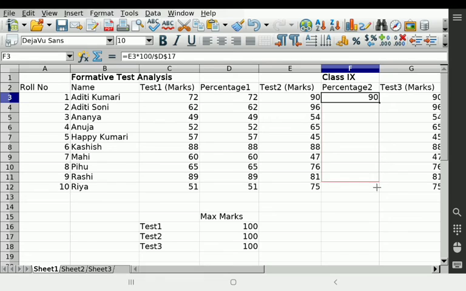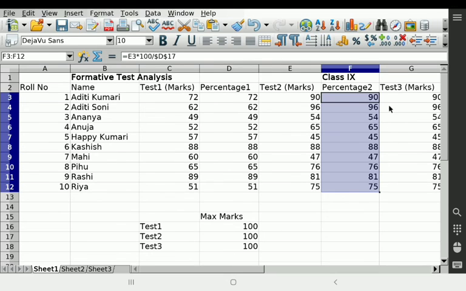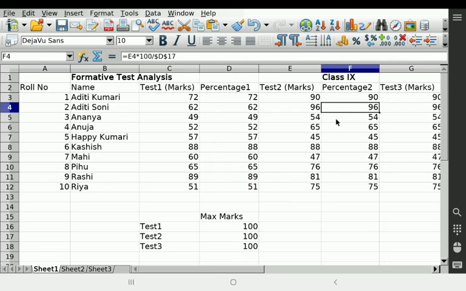Copy this formula for all the students. You can see here 96%, 54, like this, because it is out of 100. Observe its cell references. The relative cell reference is E3 for Aditi Kumari and for Aditi Soni it is E4. Here you can see it is E4. But the absolute cell reference is fixed for all the students.